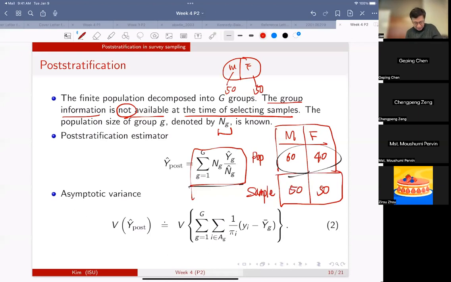Okay. Now from here we need to derive this asymptotic variance. So again, this is a ratio, right? This is basically nonlinear. So we need to do Taylor expansion.